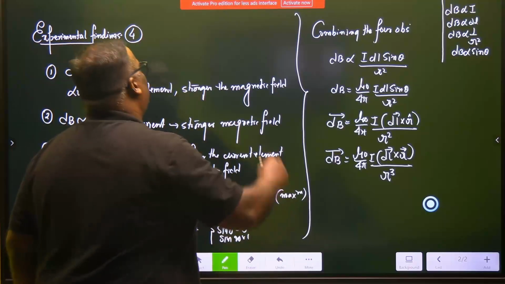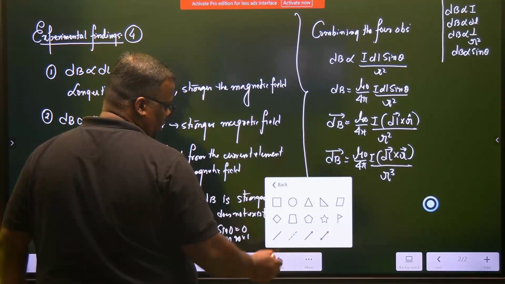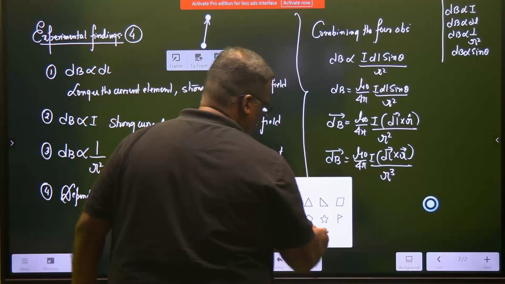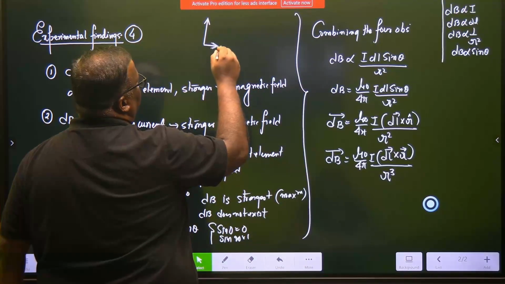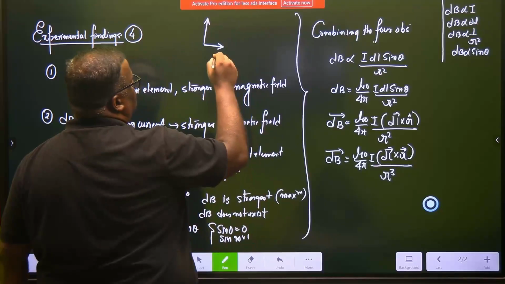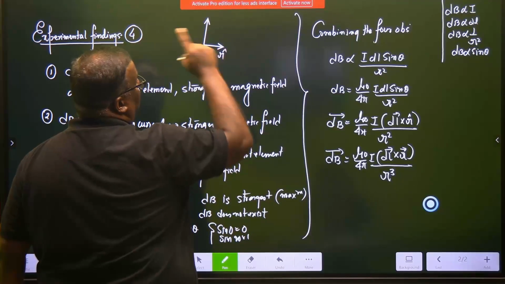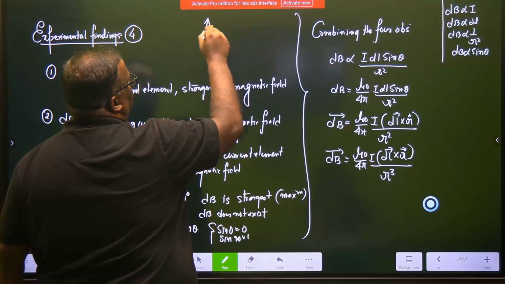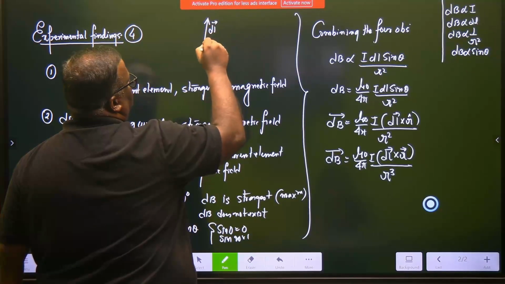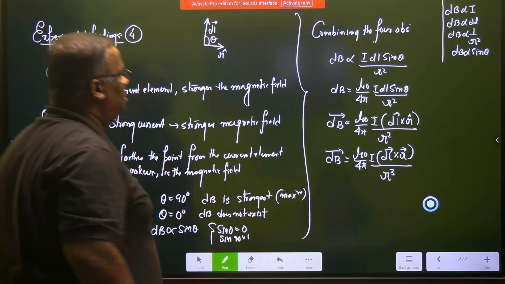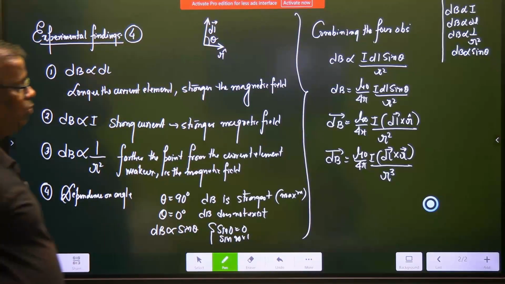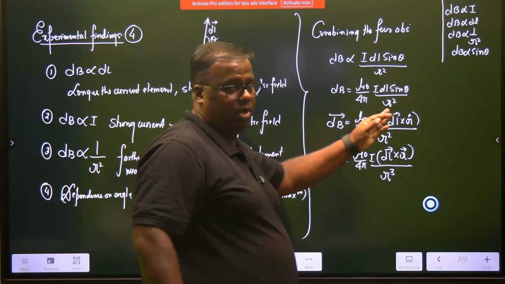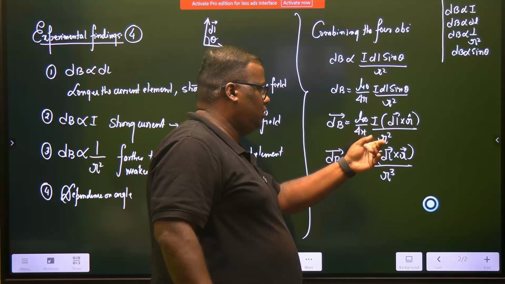If you remember your diagram, it is something like this. This is r cap, the unit vector. That was r vector, the whole thing is r vector. This is just r cap, and this is dl vector. This angle is theta. Magnitude is always r square.